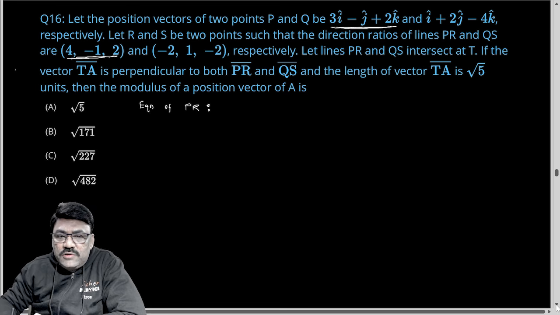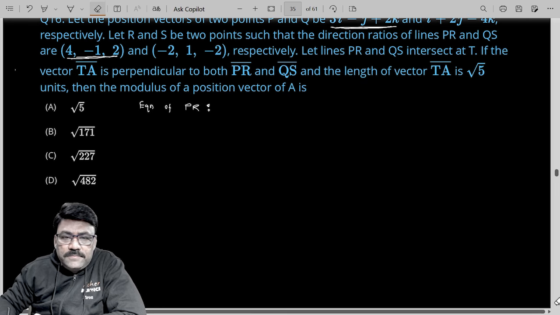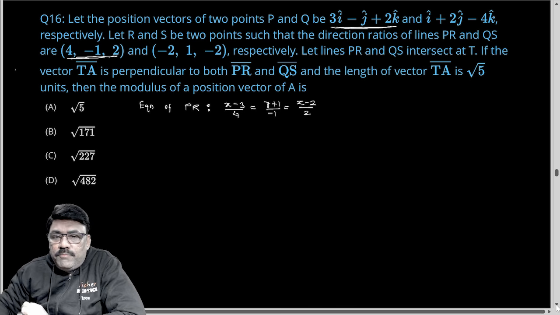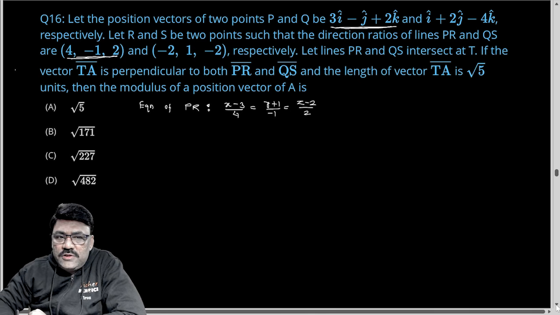So hence I can write the equation of PR as (x minus 3) by 4, (y plus 1) by minus 1, (z minus 2) by 2. PR is passing through the point 3, minus 1, 2. The numerator will be x minus 3, y plus 1, z minus 2. And the denominator is the direction ratios of PR, which is 4, minus 1, 2.